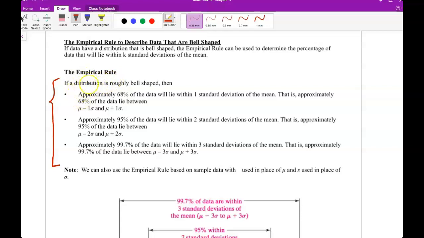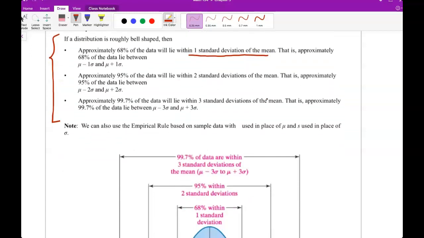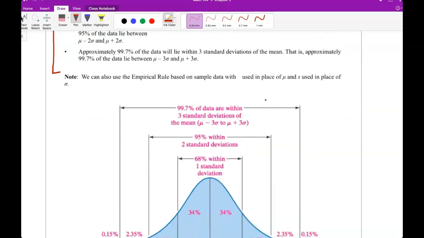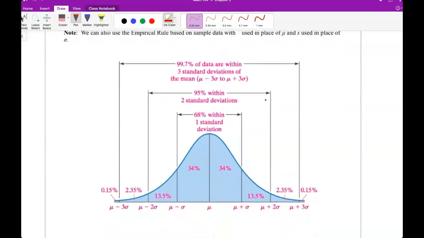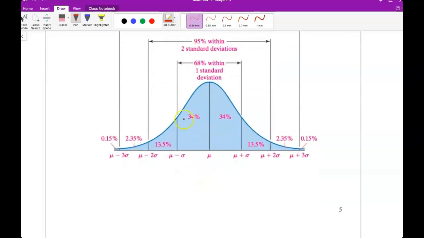Here we have the distribution. So if a distribution is roughly bell-shaped, then approximately 68% of the data will lie within one standard deviation of the mean. So what is that? Here we have the mean in between.